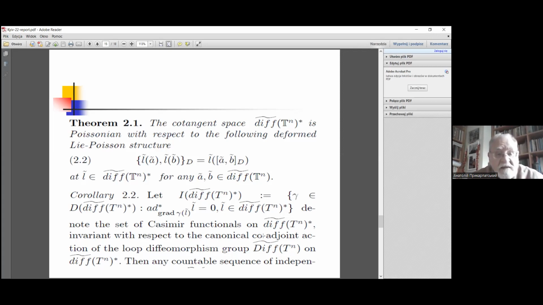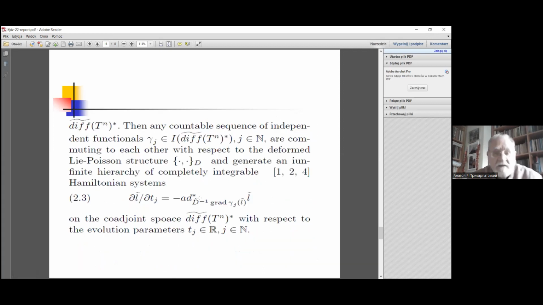So then, if we have the set constructed owing to this definition, the Casimir functionals on this cotangent space, any countable sequence of functionally independent elements gamma from these Casimir sets appear to be commuting to each other with respect to exactly the deformed Lie-Poisson structure D just defined before.